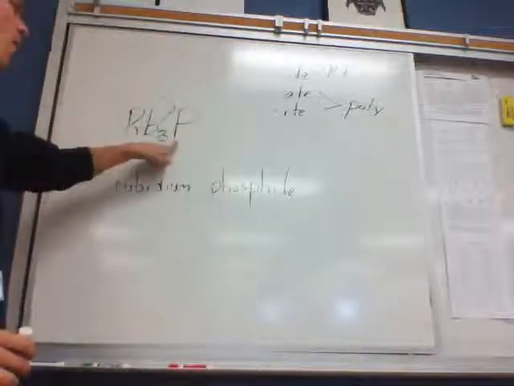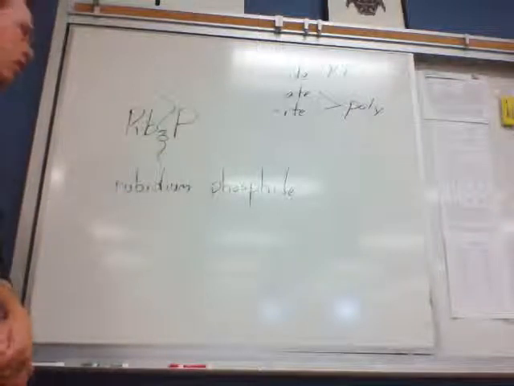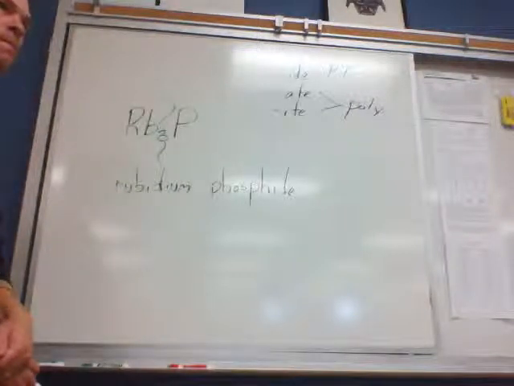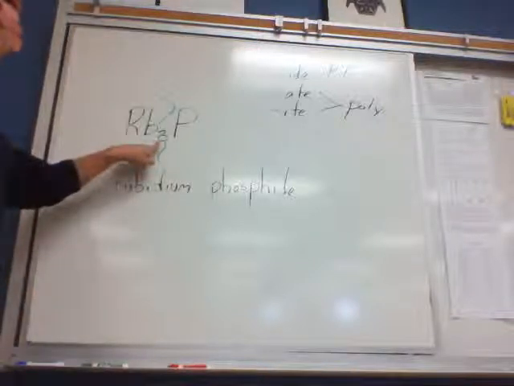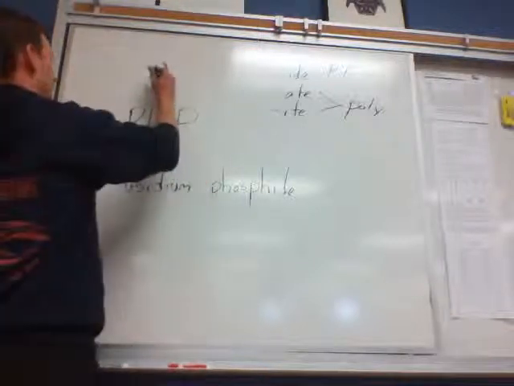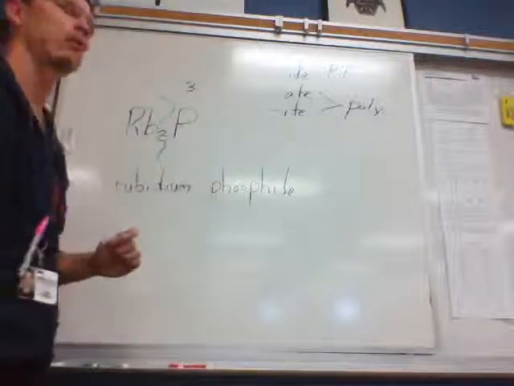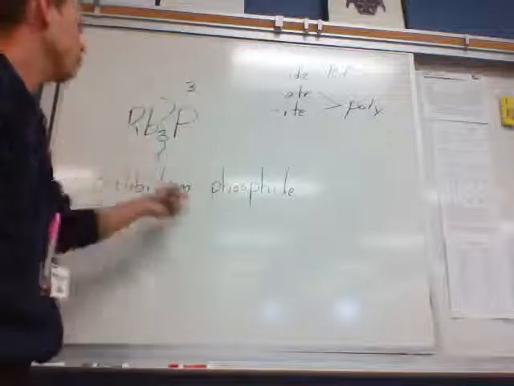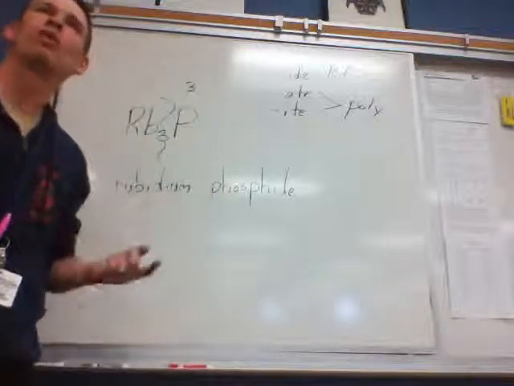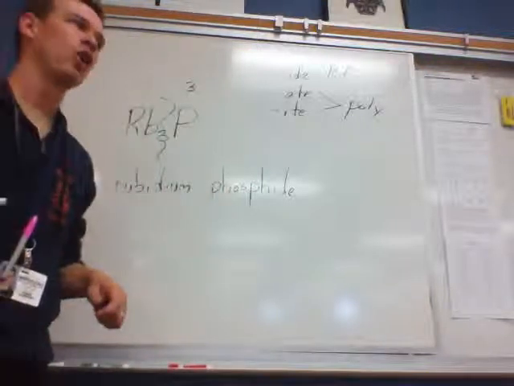This is rubidium phosphide. Notice how that 3 didn't matter. The 3 had to be there because these are the respective charges of those elements. So when they crisscross, that 3 appears. But the 3 didn't matter for naming it. That's why this is so much easier.